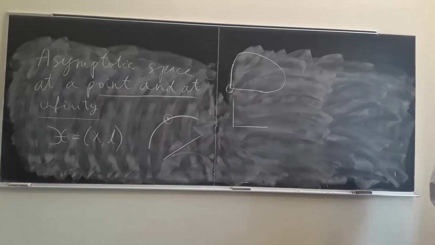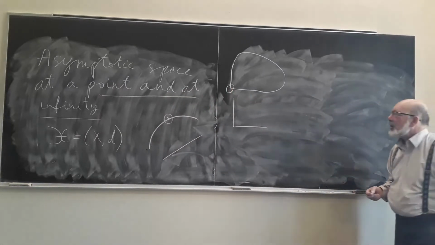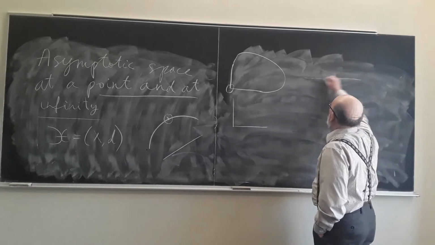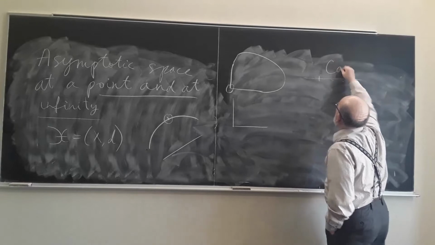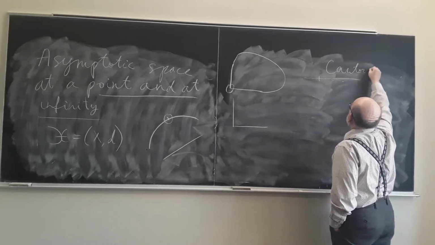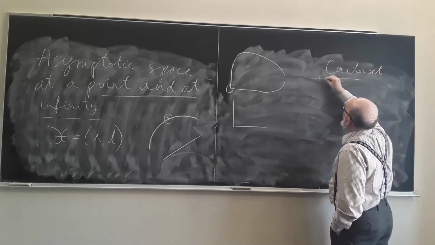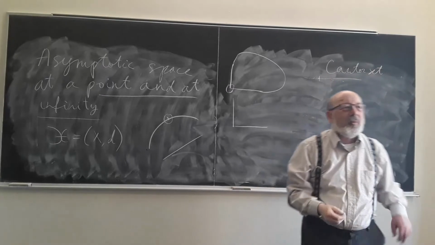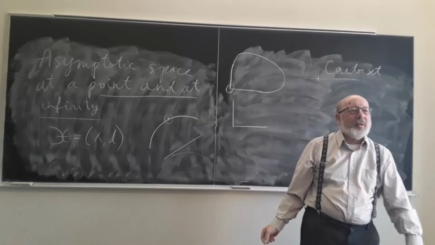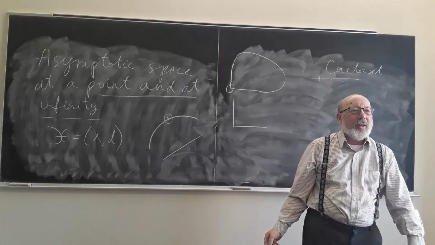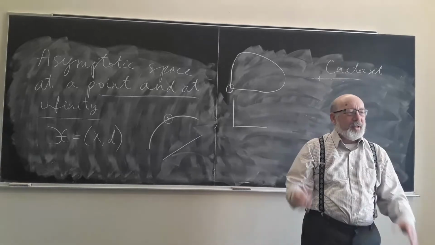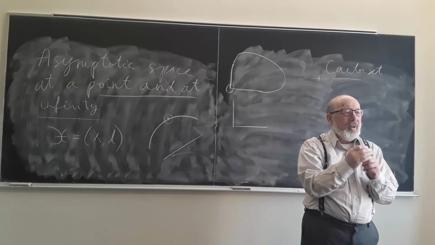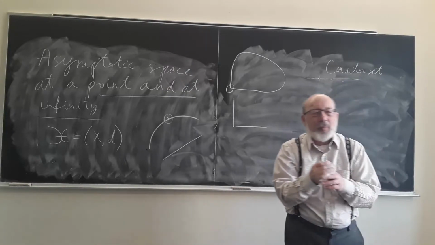But some sets are not so trivial. For example, if you take a Cantor set, and take some point of the Cantor set, and then perform this operation, the result is not so clear. So this is the local structure of a set if you look under the microscope.